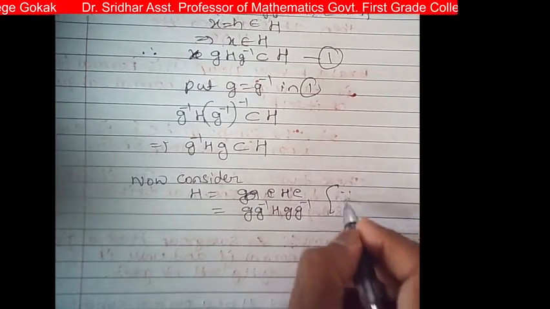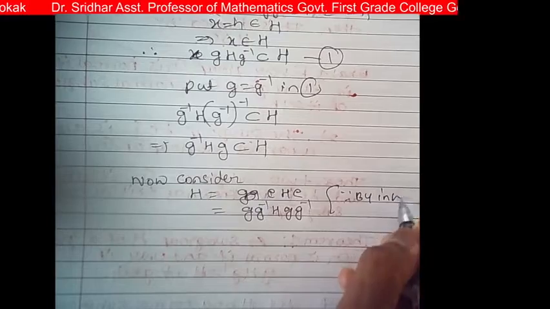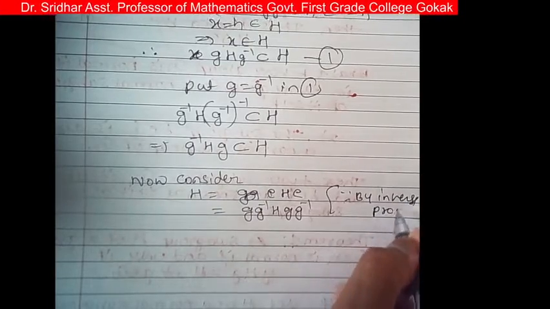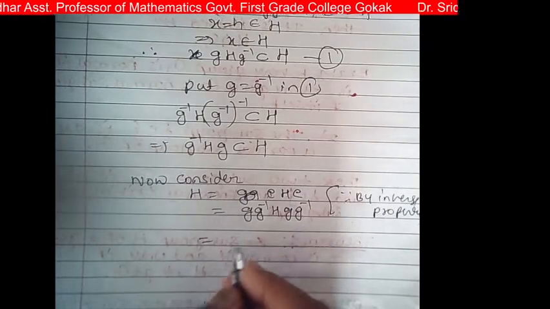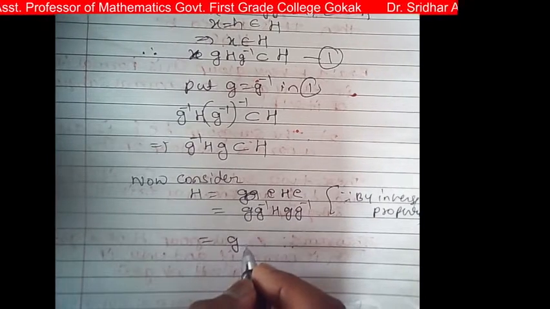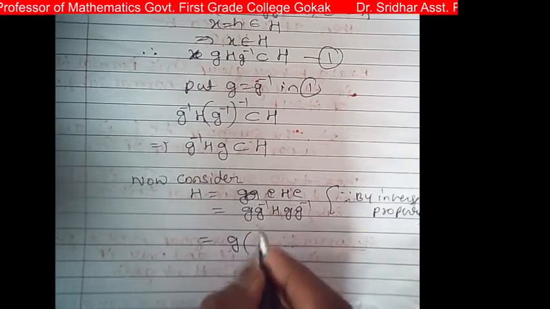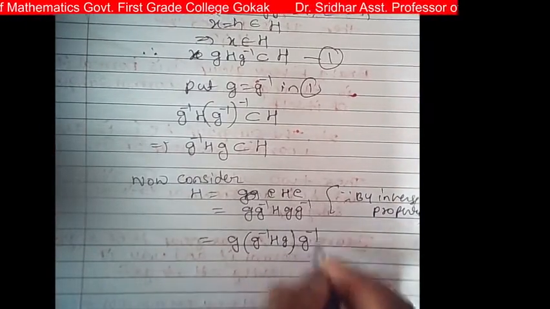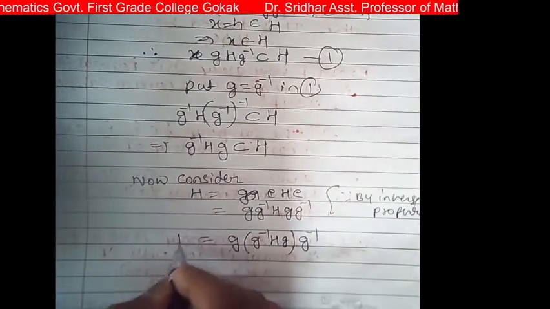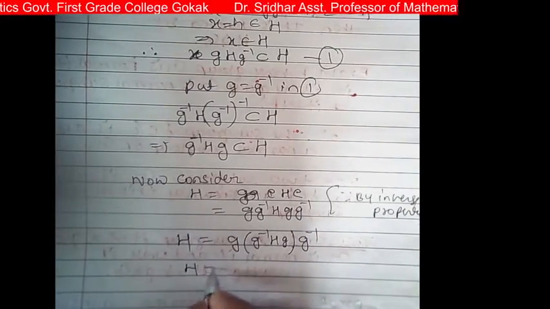So this can be written as g into the bracket g inverse H g, and lastly g inverse. So this is equal to H.